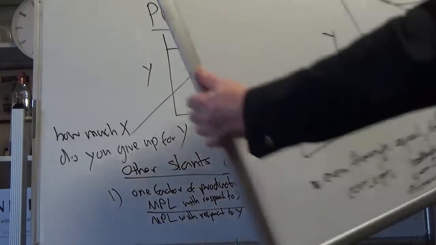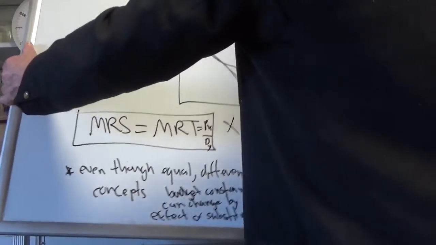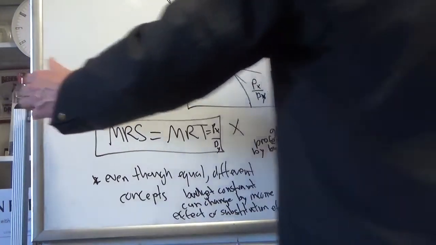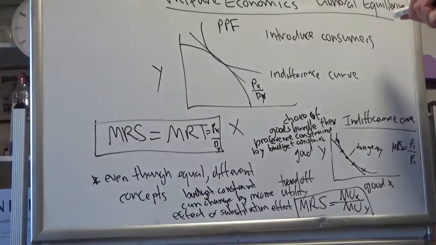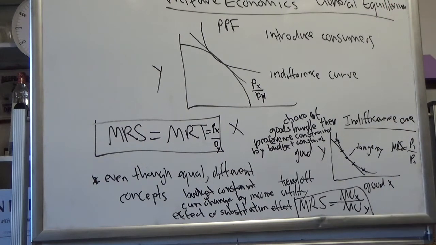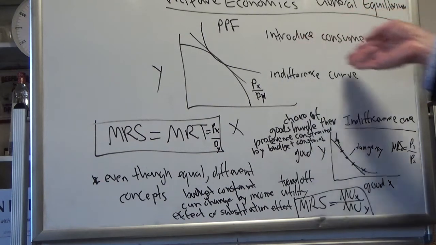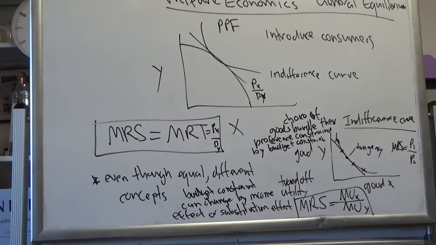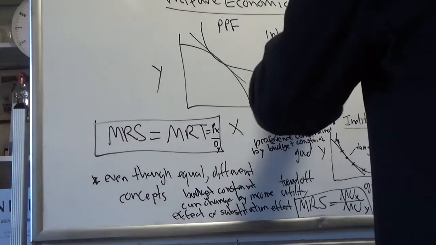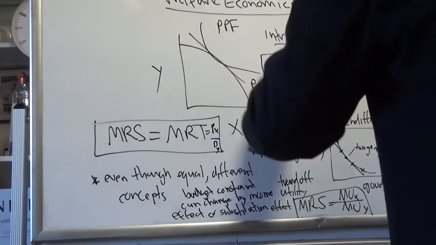Now we've got to incorporate this into what's called welfare economics. Welfare economics, as I mentioned, could either be a general equilibrium, all the agents in the economy, or partial equilibrium, part of them. So we'll introduce consumers now, and indifference curves, which is down here. Just separate that from PPF.